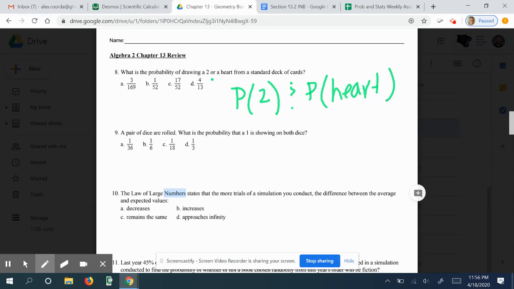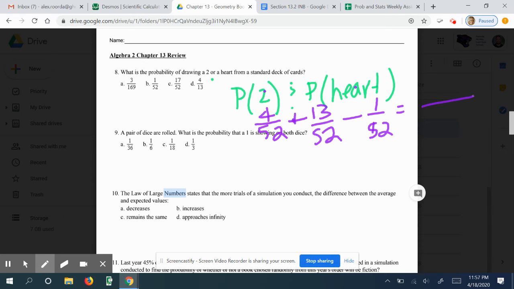Okay, so the probability of drawing a 2, well, there are 4 2s out of 52, right? Okay, we're going to add these. And the probability of a heart would be 13 out of 52. But here's the question. There is also a 2 of hearts, which has been counted twice. And so we're going to subtract 1 out of 52.